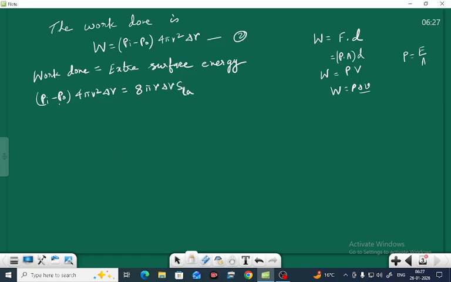So we can get the value of Pi minus Po, pressure inside minus pressure outside, which will be equal to 2 S liquid-air by R, as the pi cancels, one r cancels, and del r cancels. This is the excess pressure in case of liquid drop.